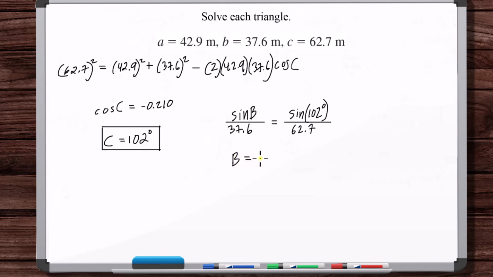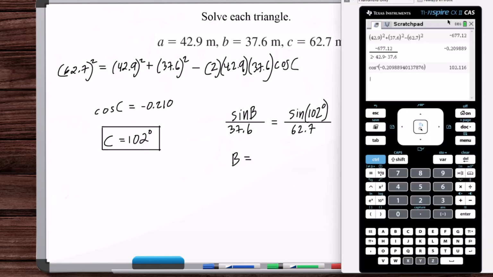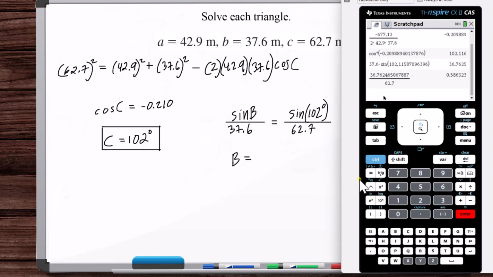Angle B is just going to be the acute angle that comes out of this. So it's going to be 37.6 times sine of this angle divided by 62.7. And now take the inverse sine of this. 35.9 degrees.